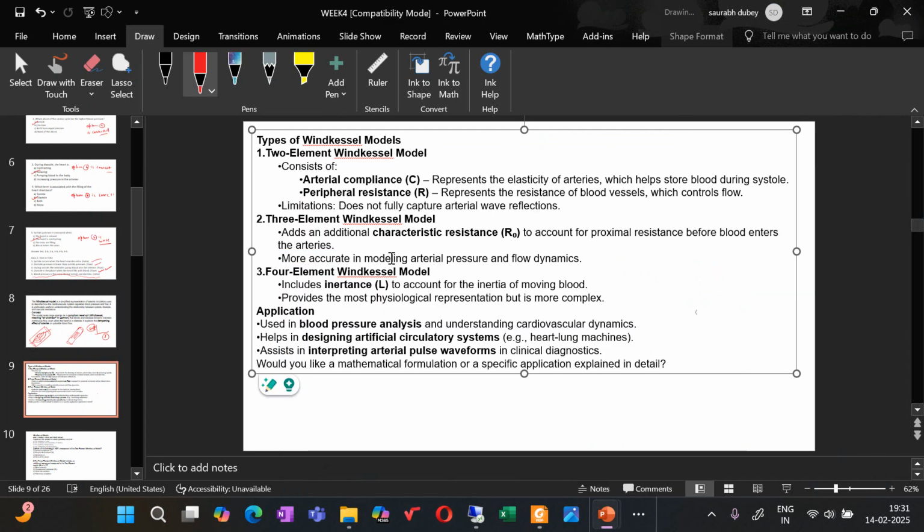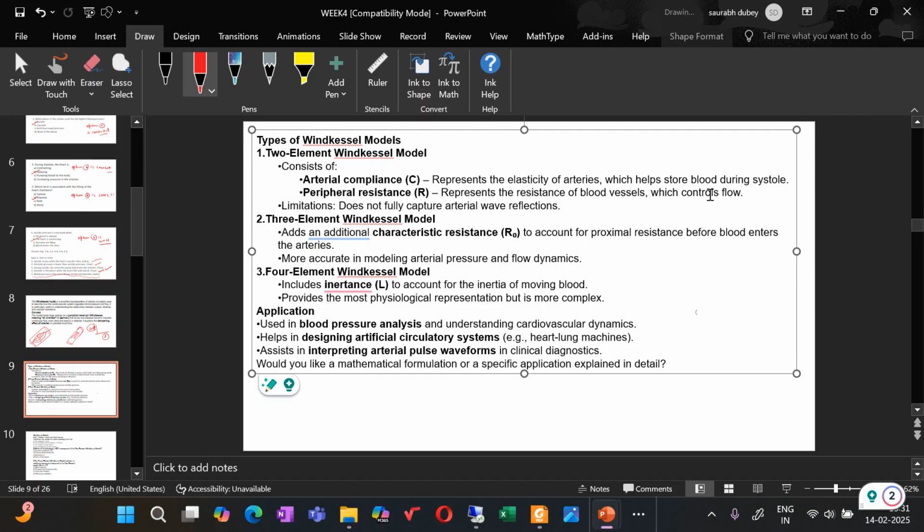So this arterial compliance, what is that? This represents the elasticity of the arteries, which helps store blood during the systole. So you understand, during the systole there is the contraction of the heart, and then the movement of the blood to different arteries, right? And the peripheral resistance is what? This represents the resistance of the blood vessels which controls flow, right?